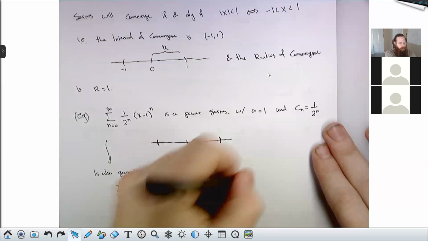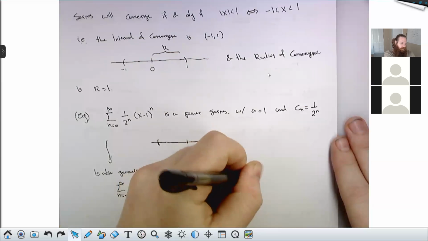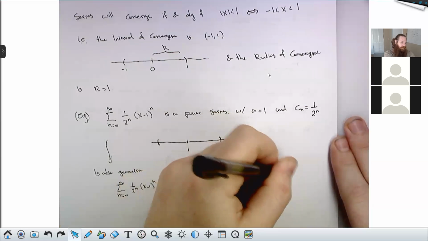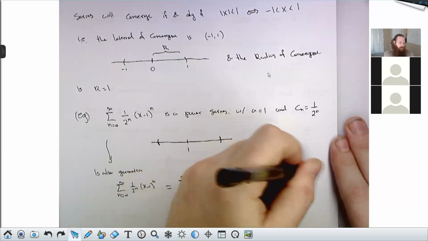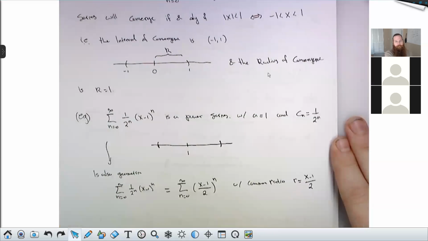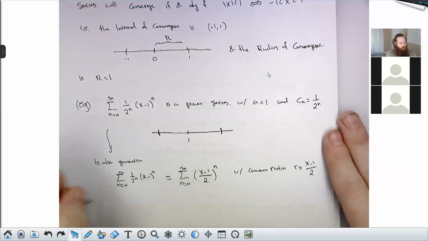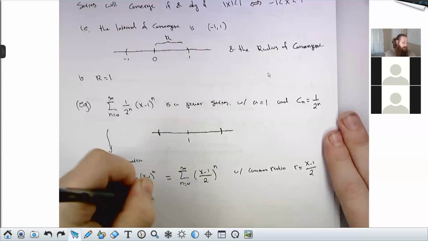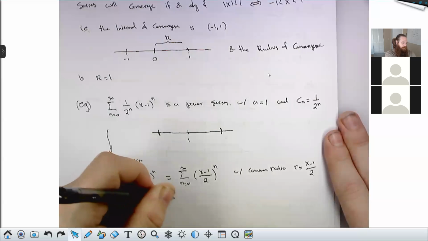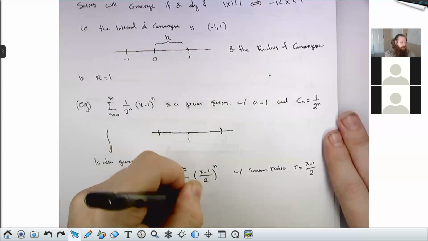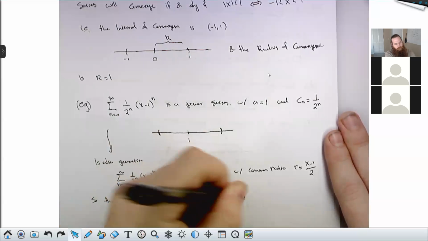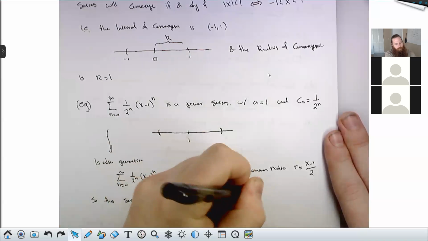So here the common ratio is (x minus 1) over 2. So this series will converge provided the absolute value of r is less than 1. That's always true for geometric series.